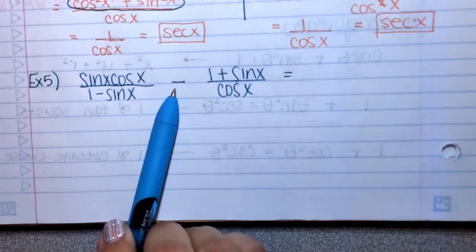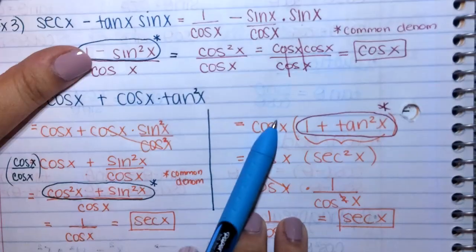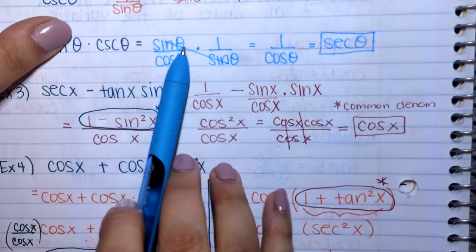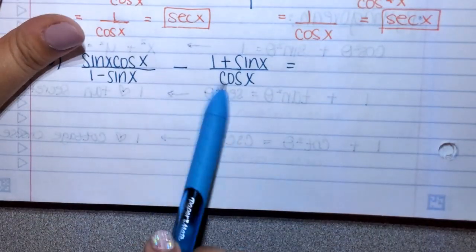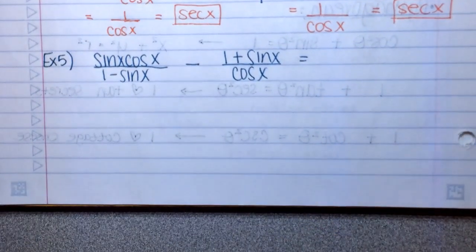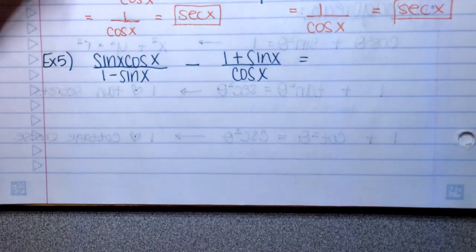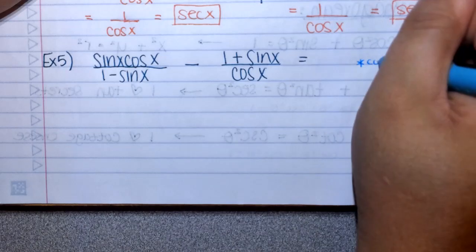It's an honest mistake. Yes, you can do that if you are multiplying. You can cancel them. But when there's a minus in between, we cannot cancel them.